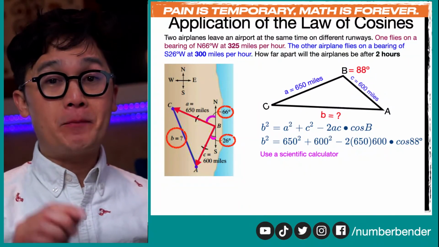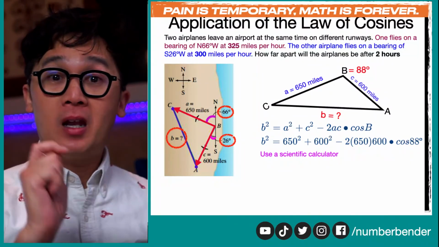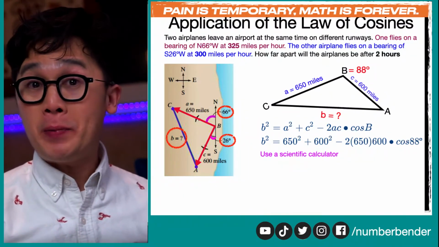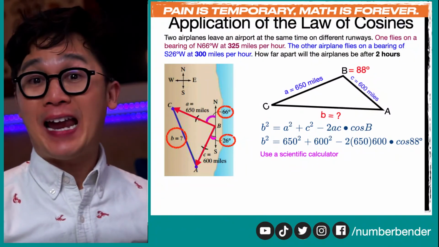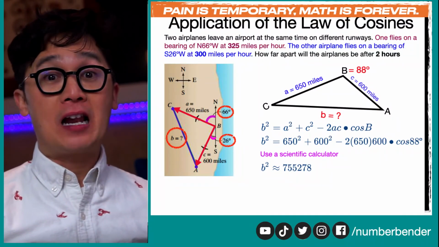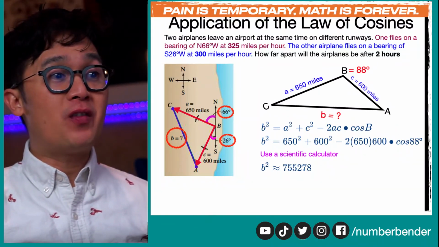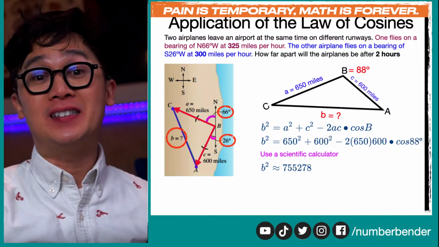And again, make sure that when you're using your calculator, you are plugging in the correct values and using the correct grouping symbols to avoid the frustration of not getting the correct answers. And by using your calculator correctly, b squared is equal to 755,278.